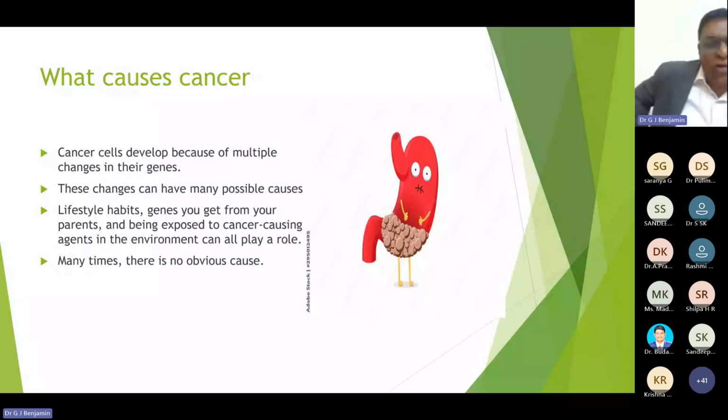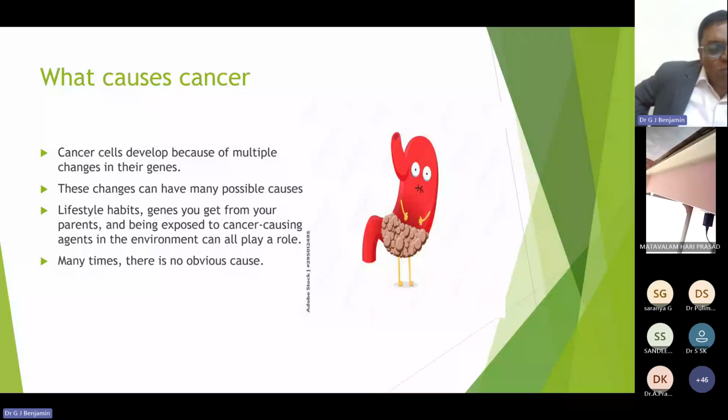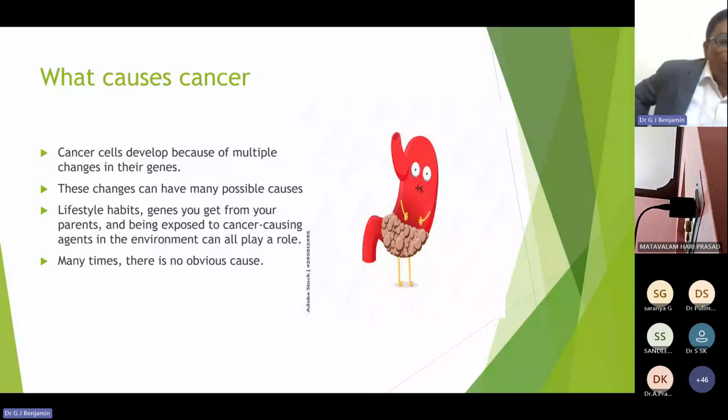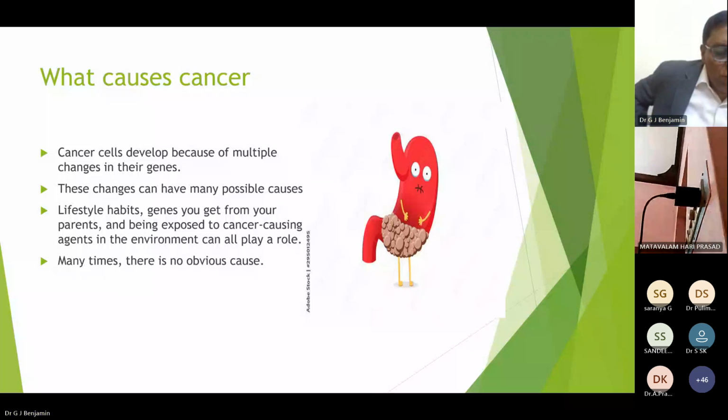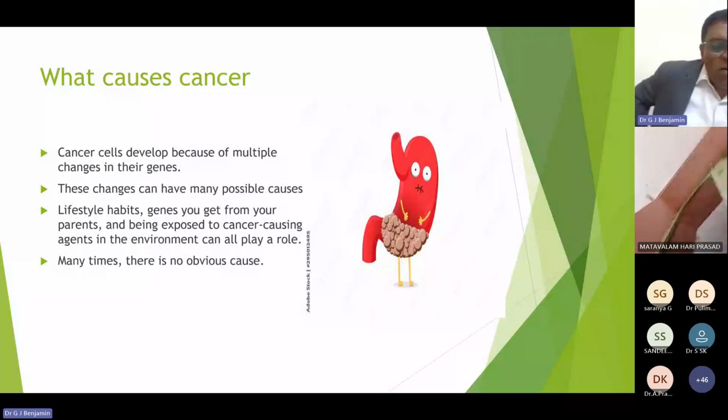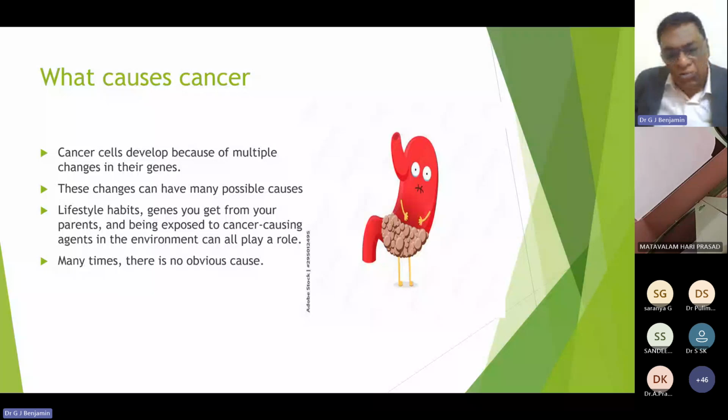Lifestyle habits, for example, where you smoke, and this smoke can cause cancer. Other people are exposed through their profession or the way they work, either in factories and so on, where they're exposed to chemicals which can cause cancer. And many times there is no obvious cause.